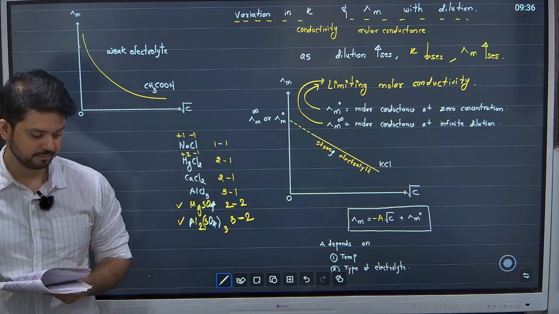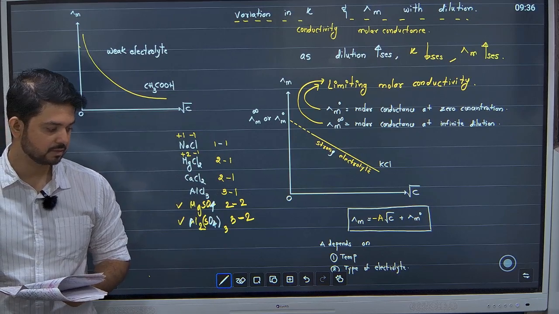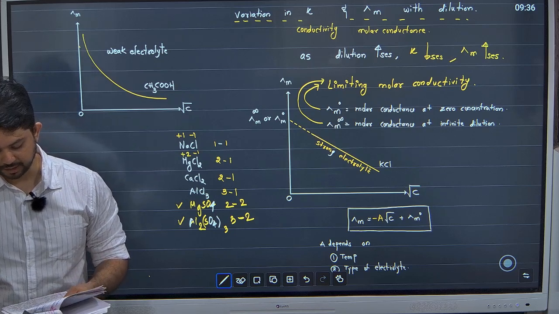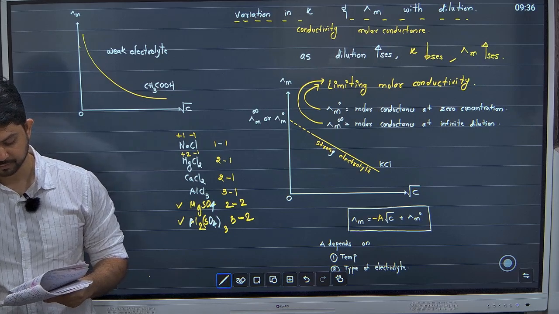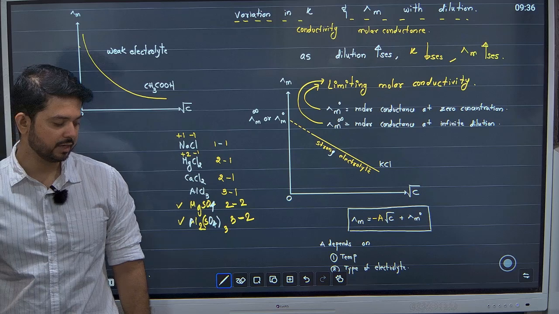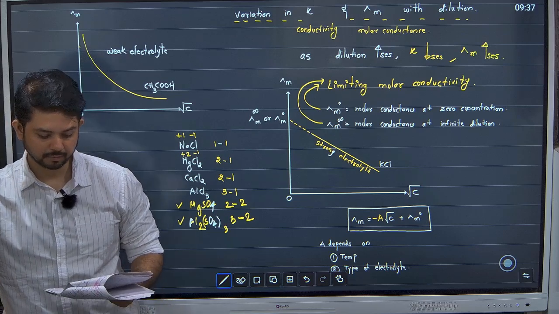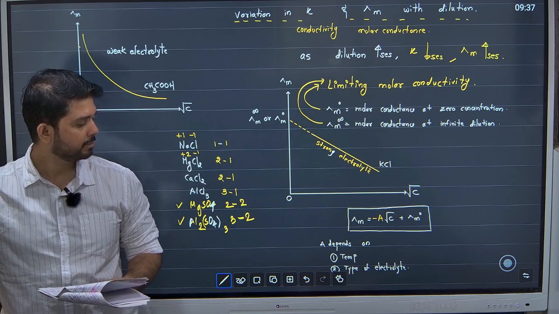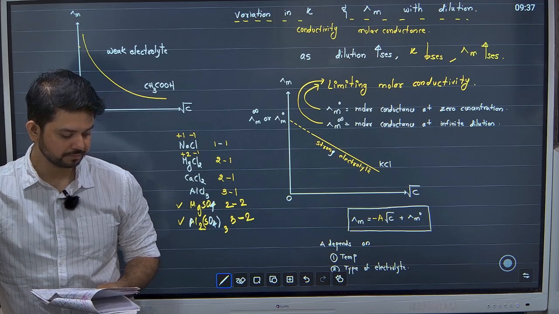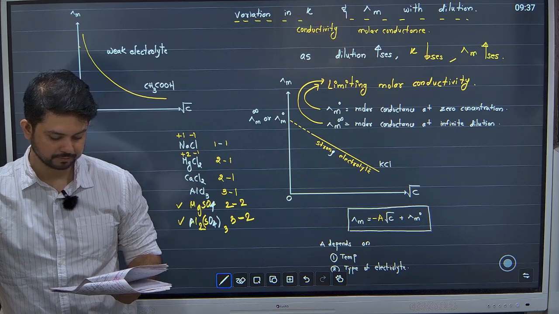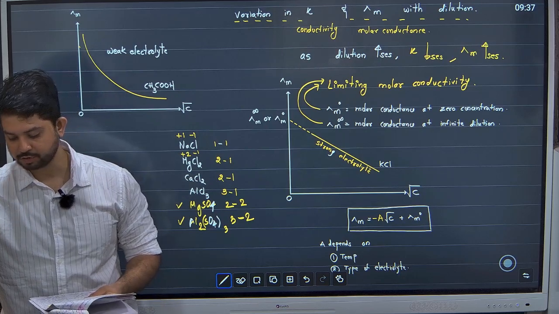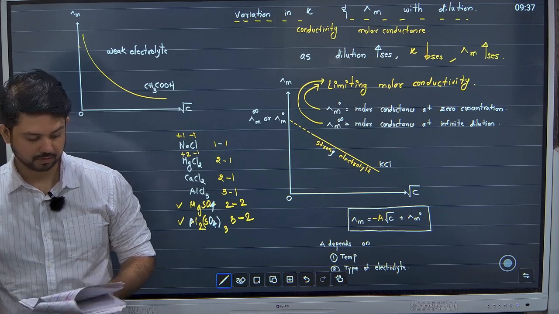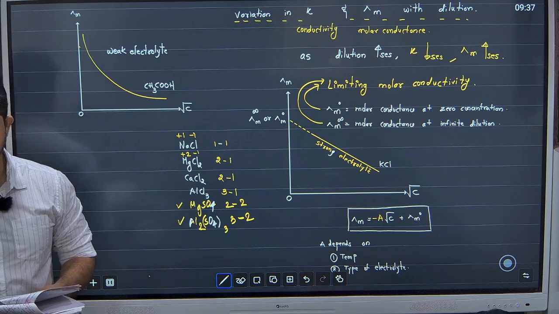That is the charge produced on the cation and anion on dissociation of the electrolyte in the solution. Next point.